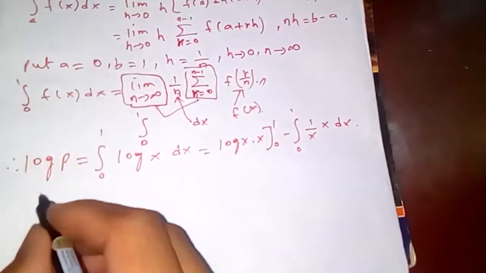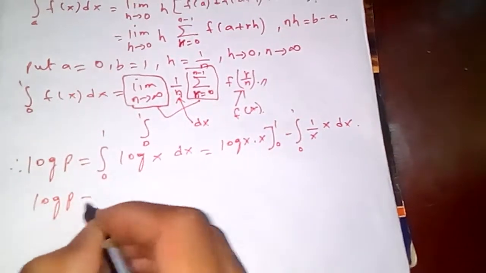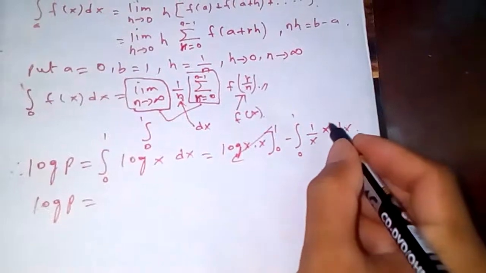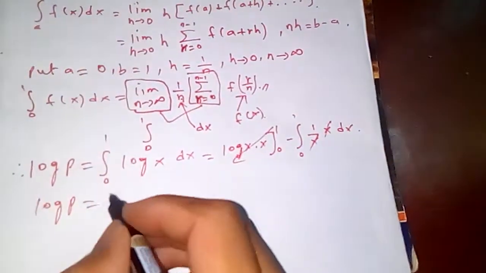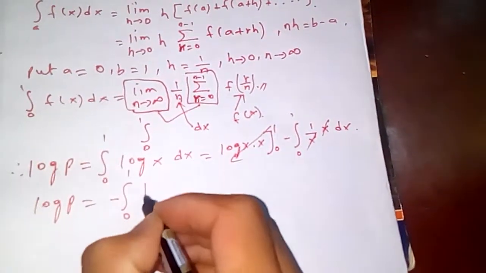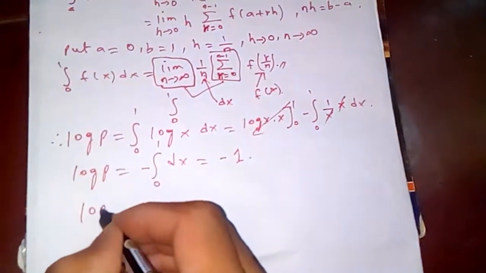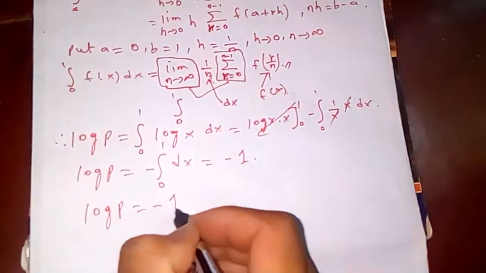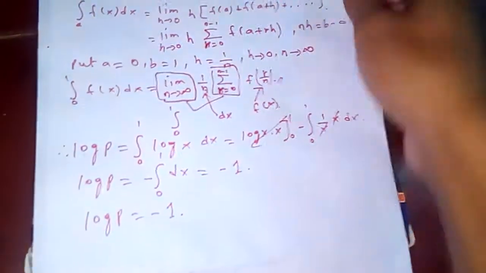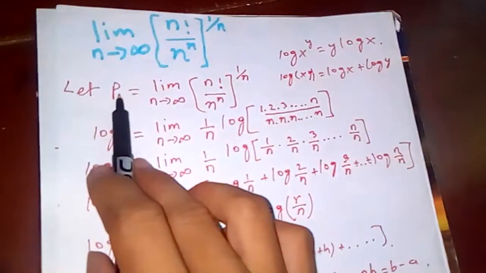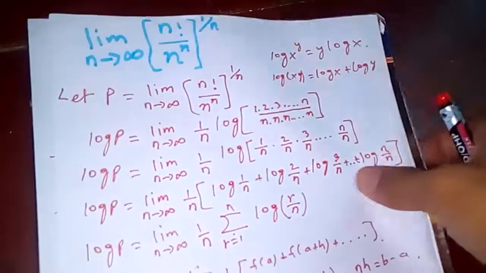If you do this, log p is equal to, this will cancel out to 0, and this will cancel out again, so minus integral from 0 to 1 dx is nothing but minus 1. So our log p is nothing but minus 1. But we want to find this limit, which is our original p, okay?